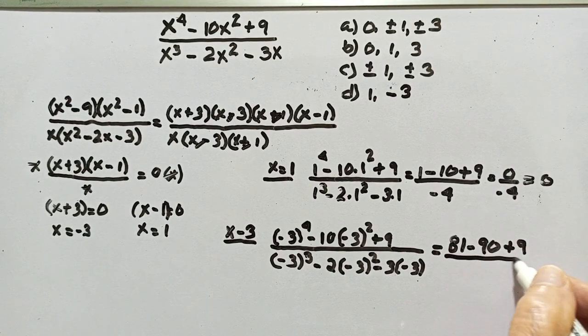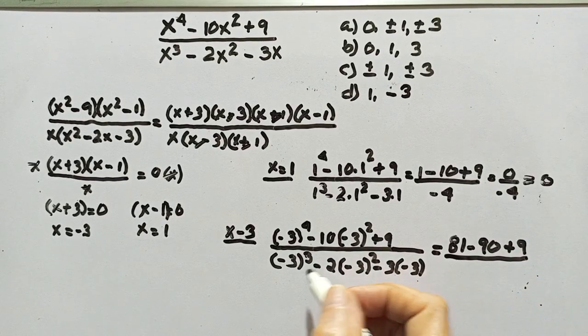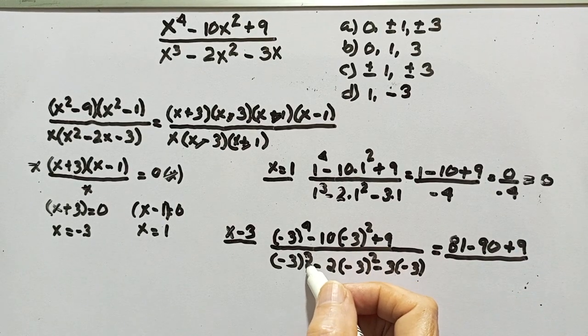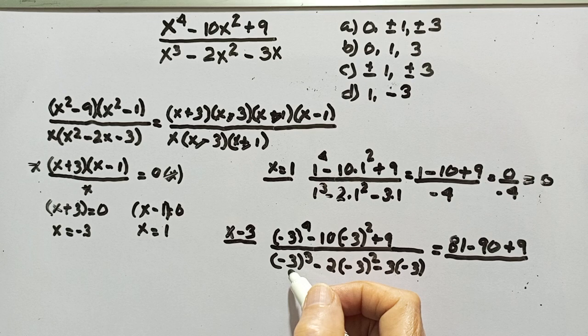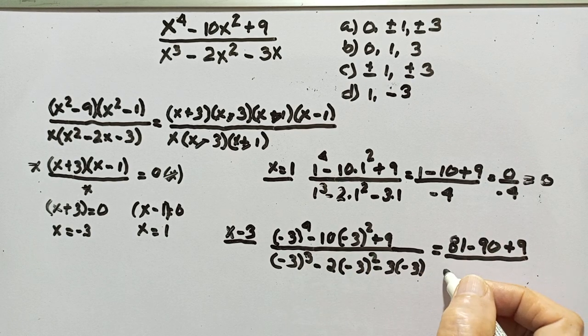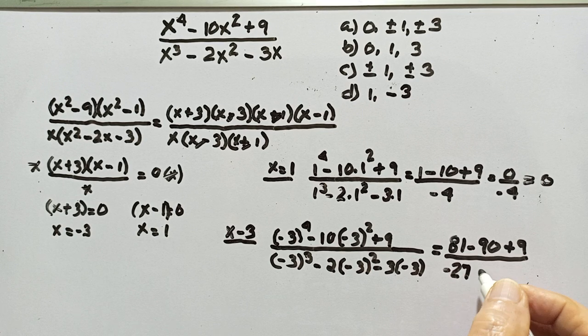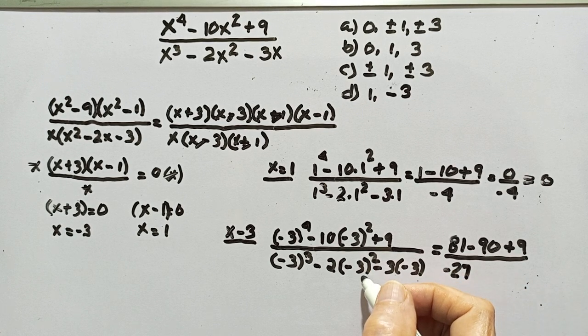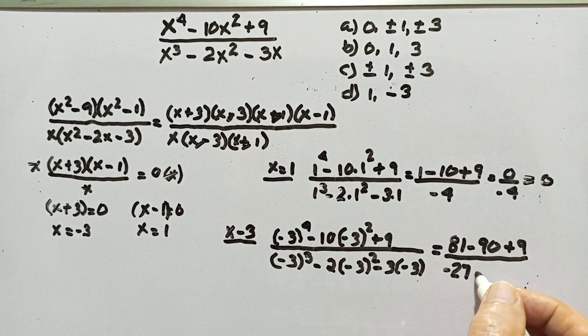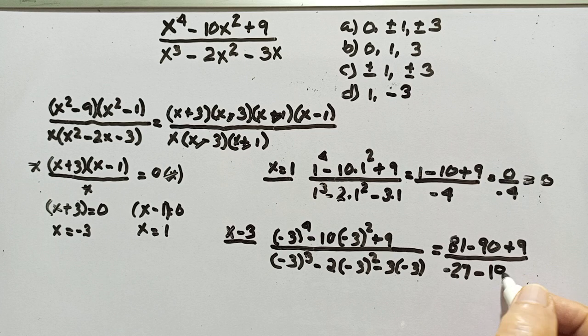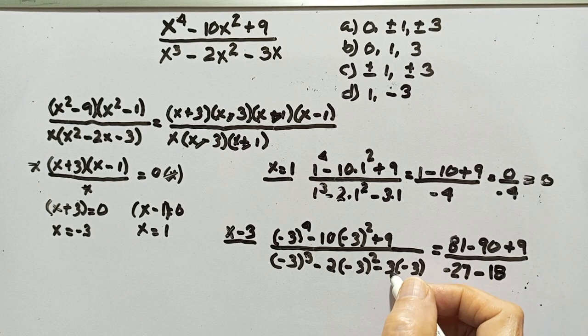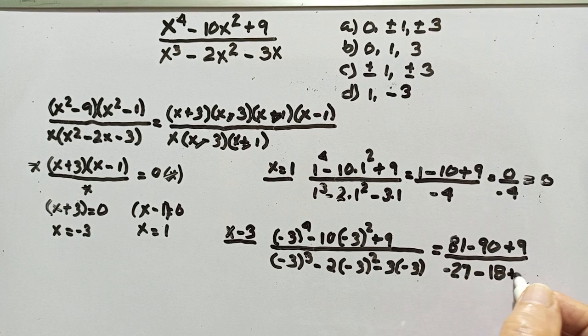Then you have over. We have an odd exponent, so this must be negative. So 3 times 3, 9 times 3 is negative 27. And then minus 3 squared is positive times minus 2 is minus 18. Minus 3 times minus 3 plus 9.